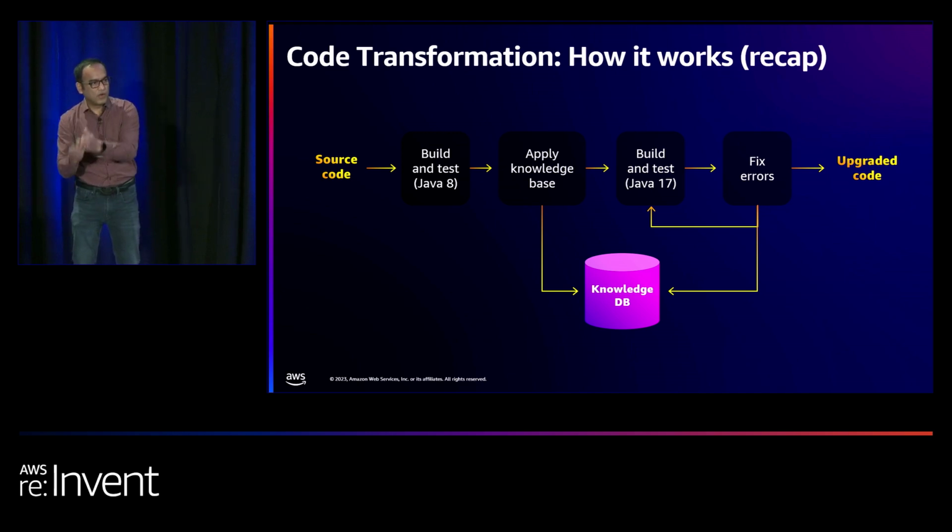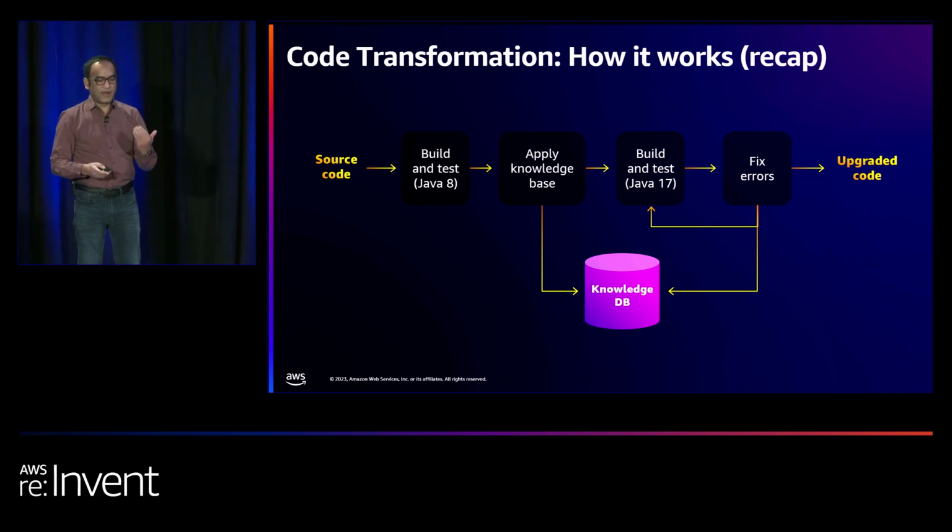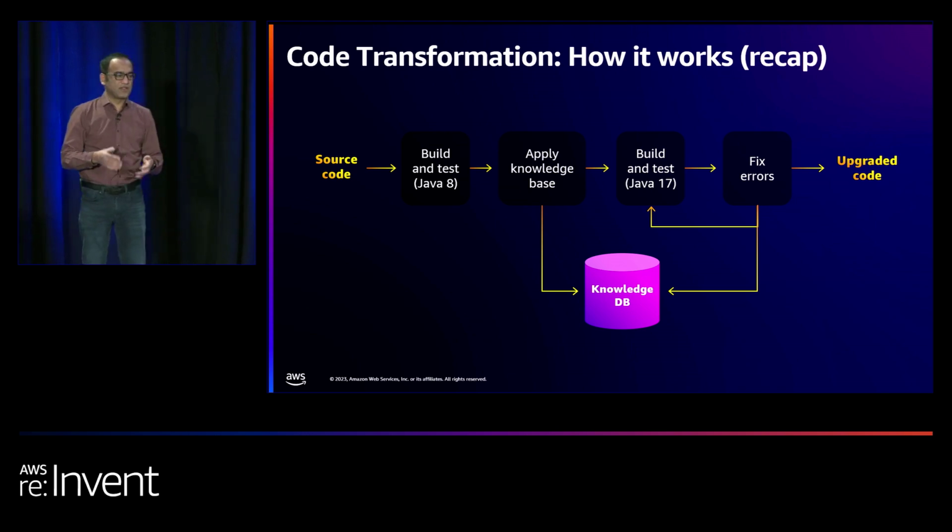We may still run into errors, either in build or in unit tests, that we have to fix, maybe because the API signature changed, or because something else changed that was not in our knowledge base. And then we work with the LLM to fix these errors. And at the end of it, we provide you a patch file, which is the upgraded code that you can apply to your application and essentially get a fully upgraded application after that.